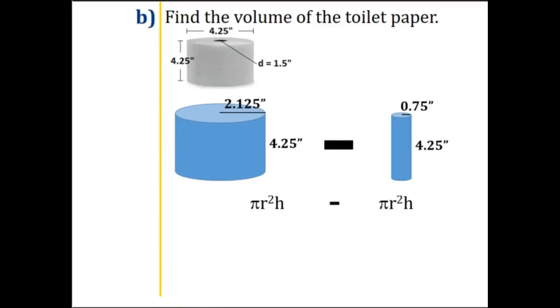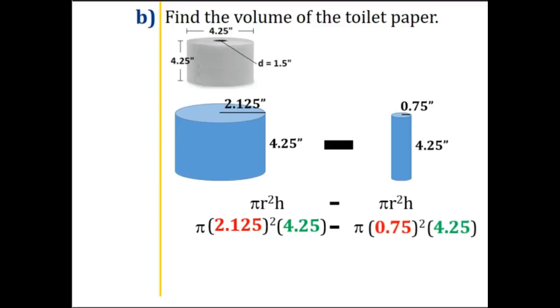I'm going to push pause and you guys are going to solve these. All right, so I'm hoping some of you guys have some answers, and we've gone ahead and we substituted for both. You guys should have at least that, right? So 2.125 squared times 4.25 is 19.2 pi, right? 0.75 squared times 4.25 is 2.4 pi, correct?